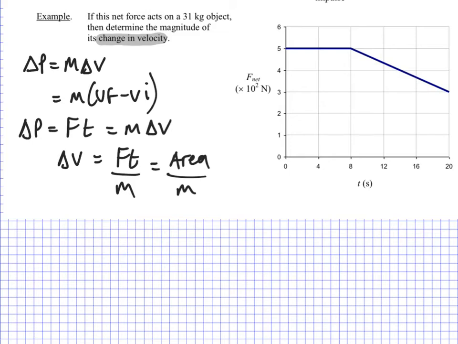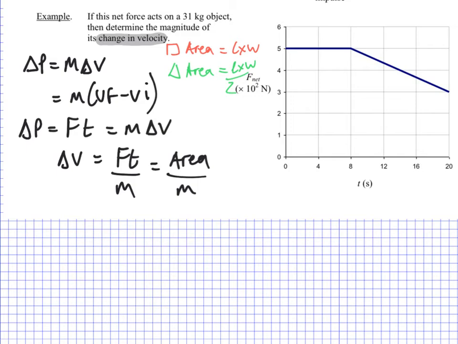Hopefully that's embedded in your minds. So the area is length times width for a rectangle. But for a triangle, okay, the area is going to be length times width divided by 2.